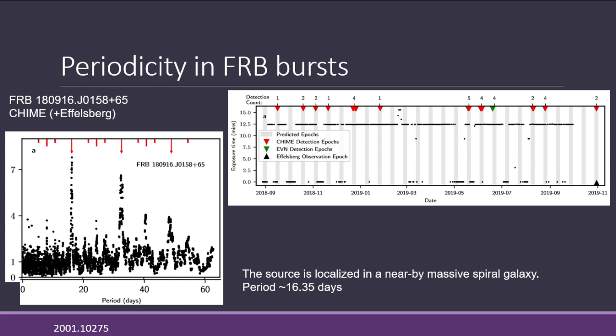Definitely for the first repeater people tried to look for such periods, for the second and so on, but only with this source, partly because it emits lots of bursts and people spend lots of time observing it, it became possible for the first time to find a period. The period is about 16 days. You see the exact number in the slide.